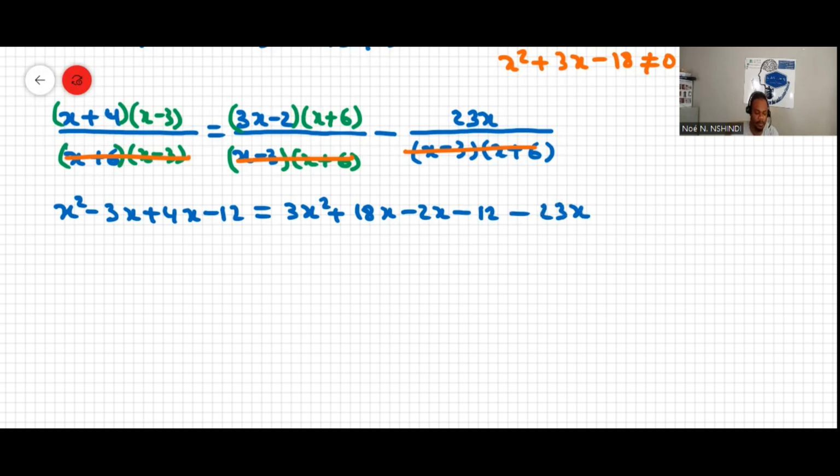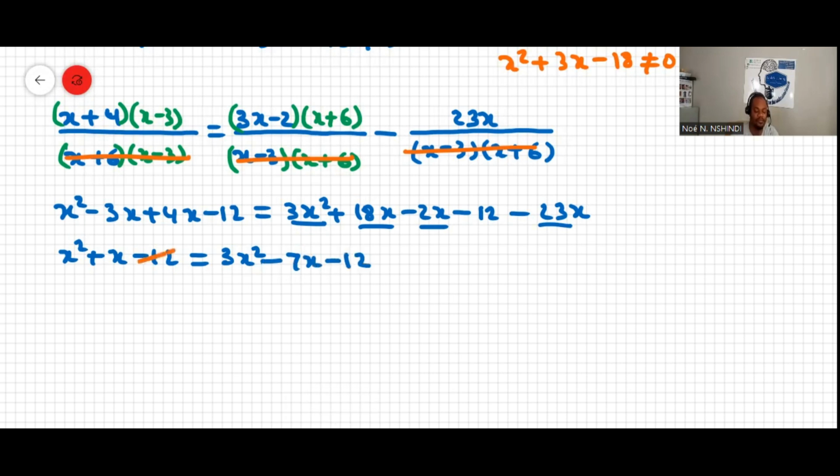So over here it will be like x squared plus x minus 12 equal to, over here it's 3x squared plus 16x minus 23x, which makes negative 7x, minus 12.